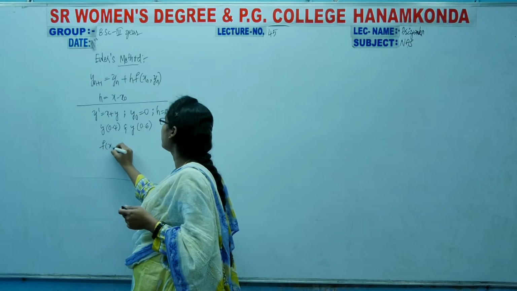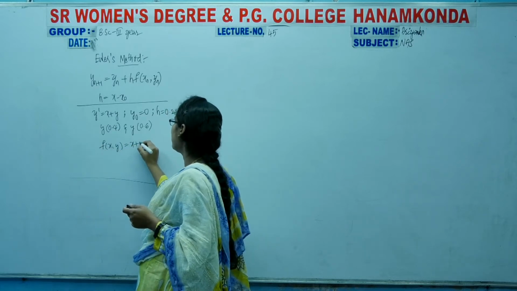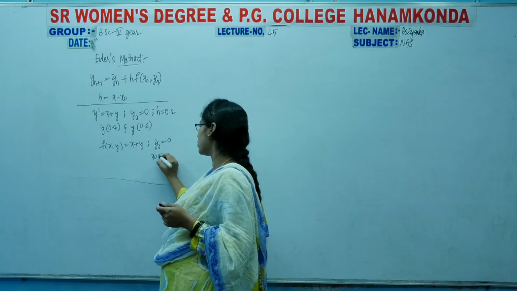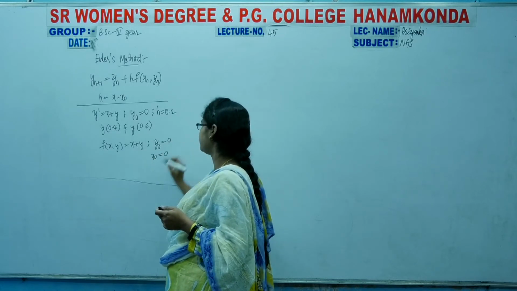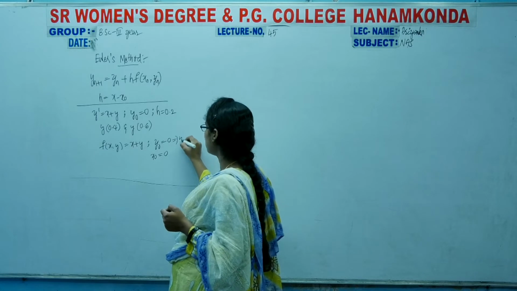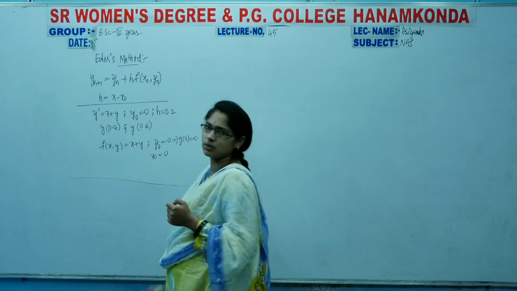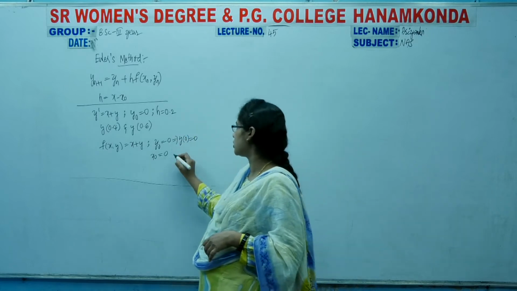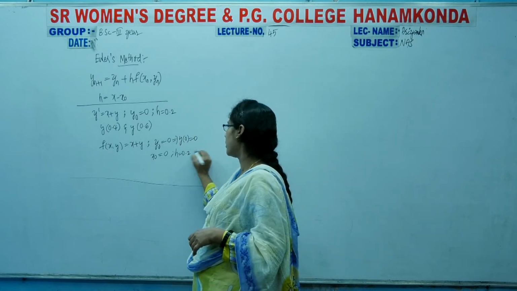Y0 equal to 0 means x0 is also equal to 0; the meaning of this is y of 0 is equal to 0. Therefore x0 is equal to 0. And they mentioned h is equal to 0.2.